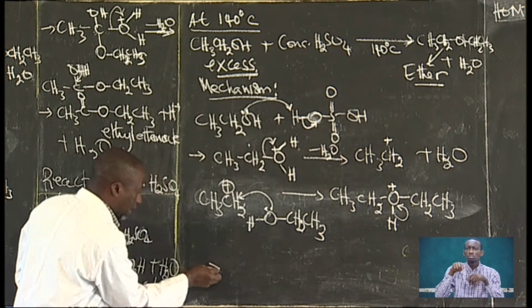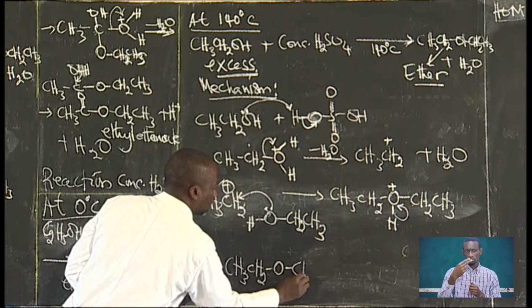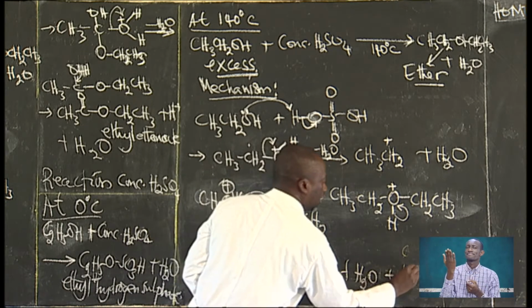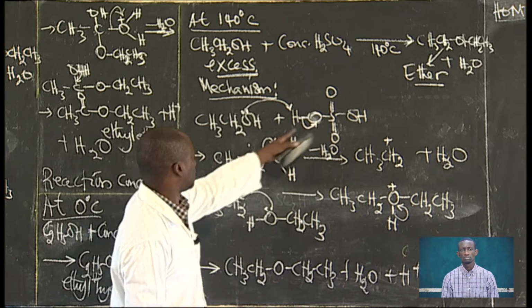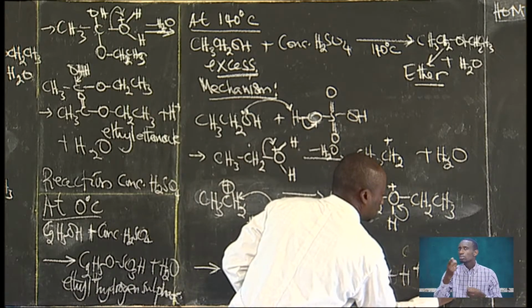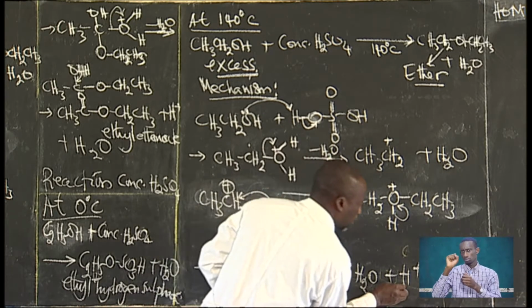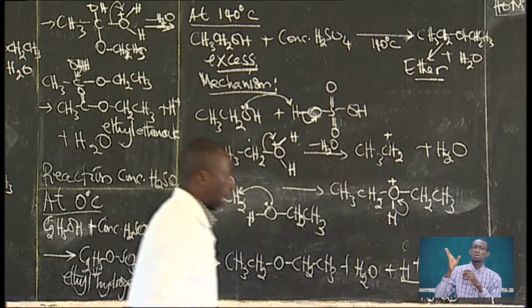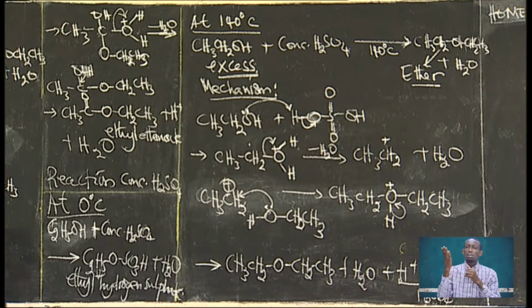And therefore, finally, you'll come to CH3CH2OCH2CH3 plus the water, then plus the hydrogen. The hydrogen now combines with the hydrogen sulfate ions, and both of these together will regenerate the sulfuric acid. So the sulfuric acid at the end of the reaction is regenerated, and that is the reaction. We still have one reaction to go.